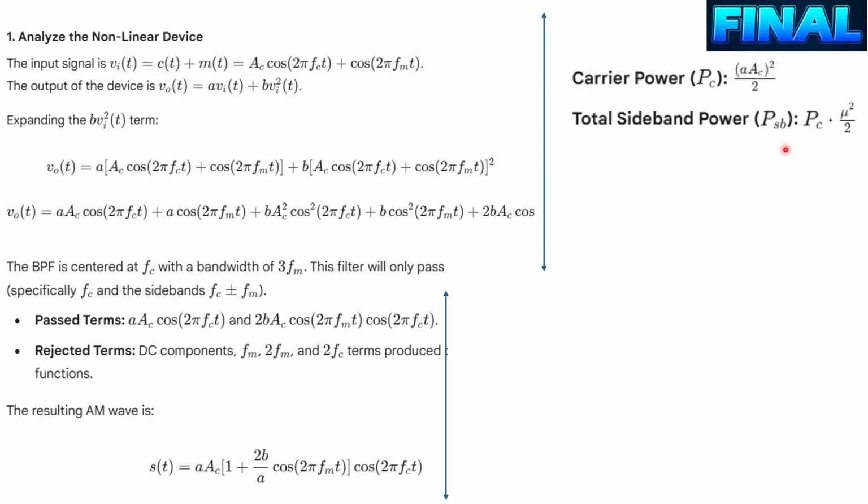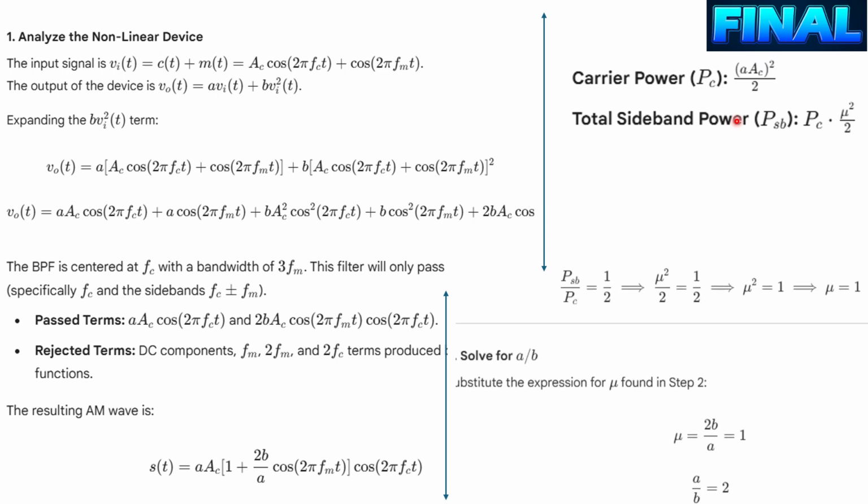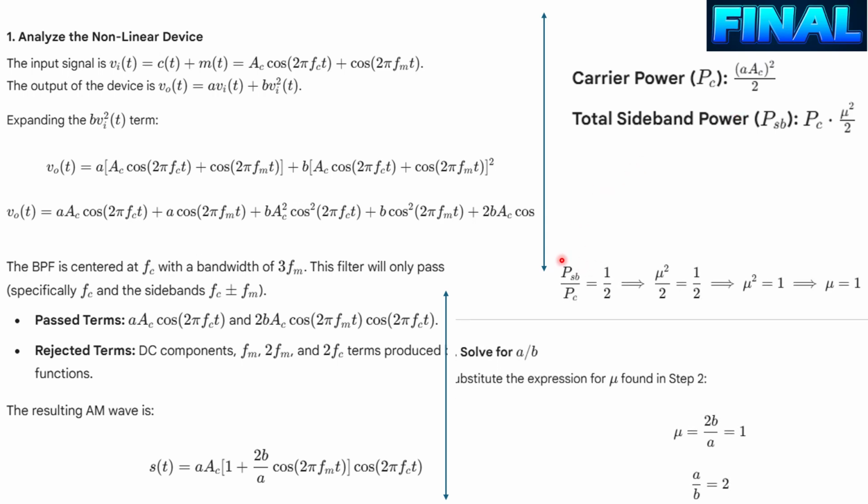Now it's very easy to find the carrier power and the total sideband power, right? With the help of this standard AM equation, you can find the power, that is amplitude squared by 2. Finally, the sideband power divided by the carrier power, putting in the values, will be equal to 1 by 2.